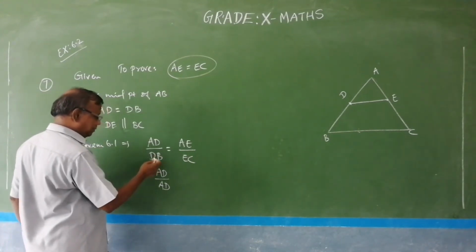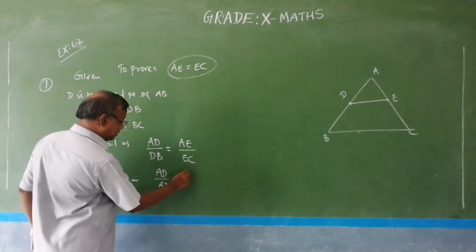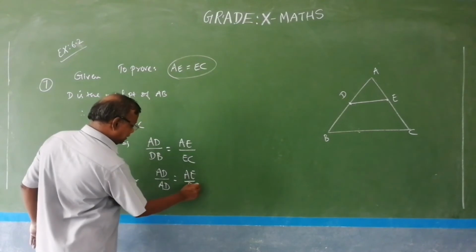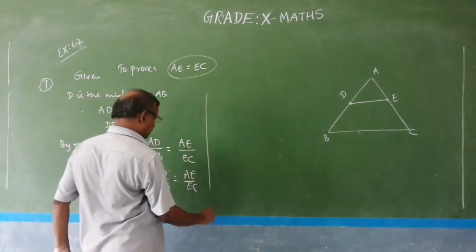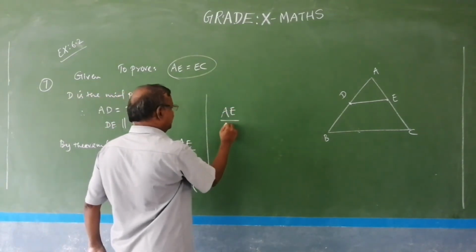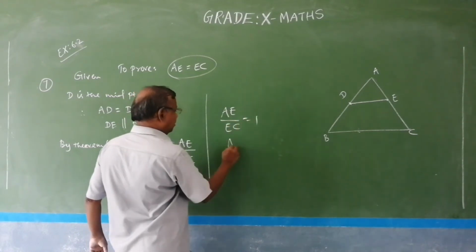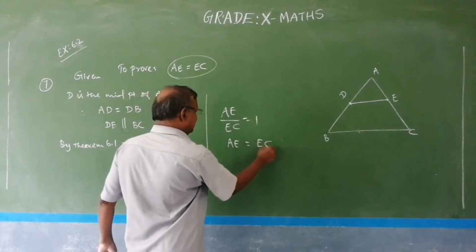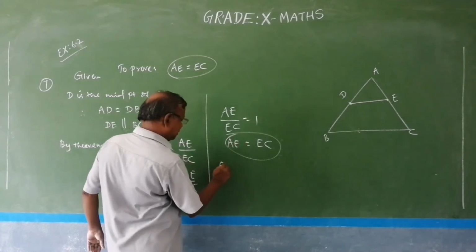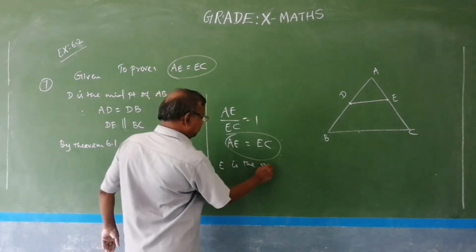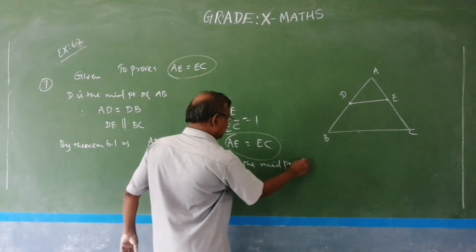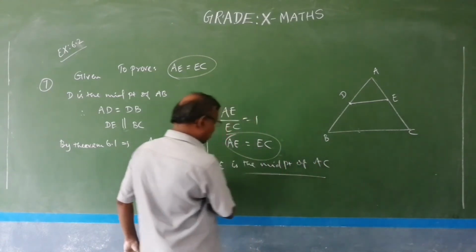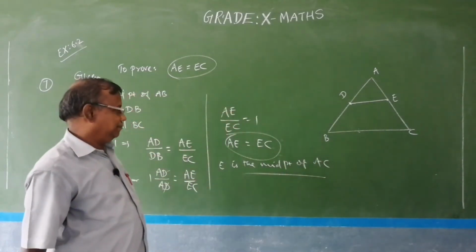So, replace DB by AD. AD by AD equals AE by EC. Therefore, AE by EC equals 1, or AE equals EC, or E is the midpoint of AC, or the point E bisects AC.